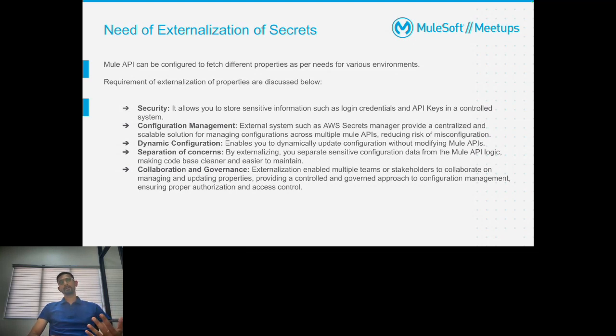Talking about collaboration and governance, since we can manage access on AWS Secrets Manager, we can provide access to certain persons based on their roles, and they can manage those secrets, depending on whether they want to update those credentials or add new keys and values.